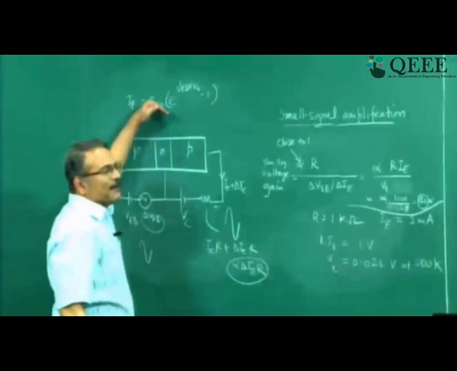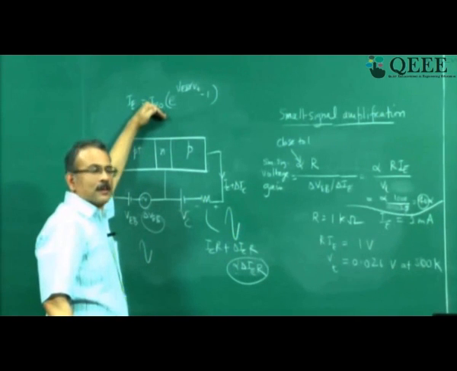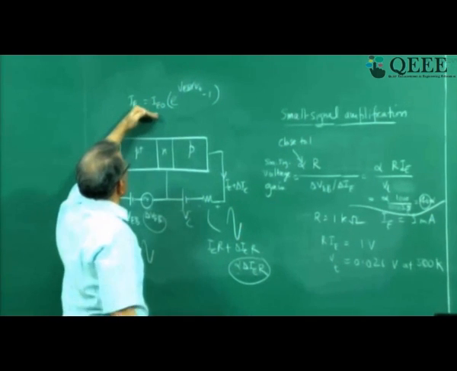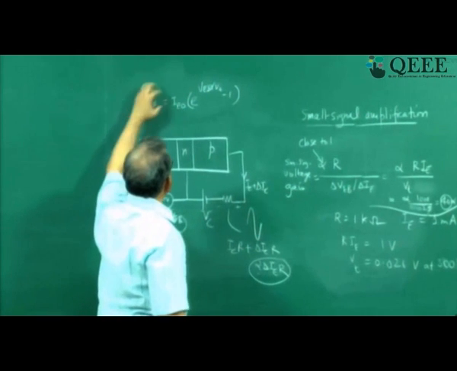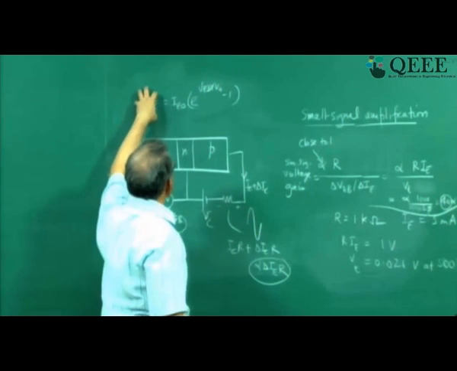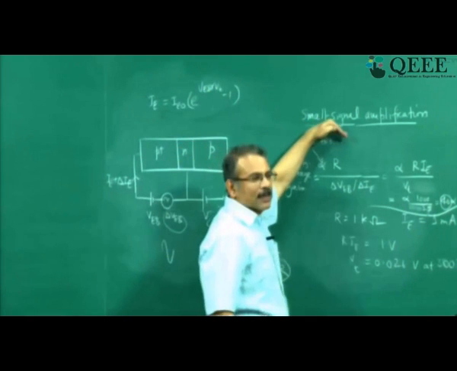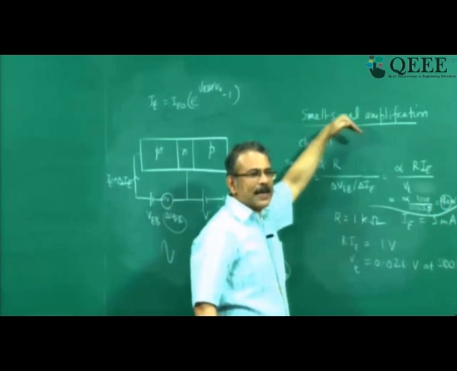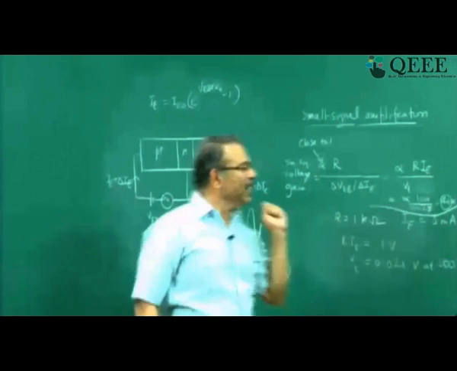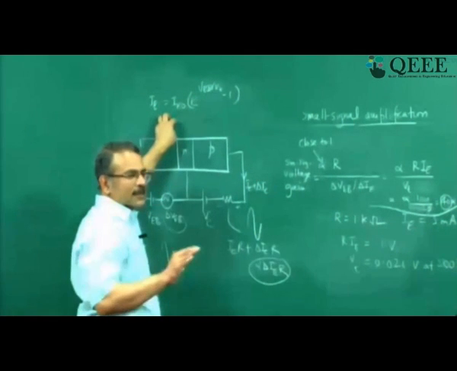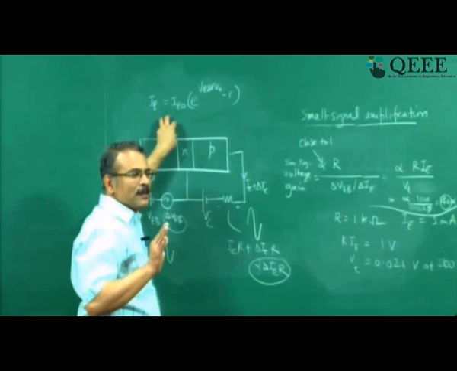Did you understand this equation? Now, based on this equation, if I want to know how much change in IE will be there because of change in VEB, why do we take changes? Because we want small signal amplification. If I want small signal amplification, I should talk about small changes.